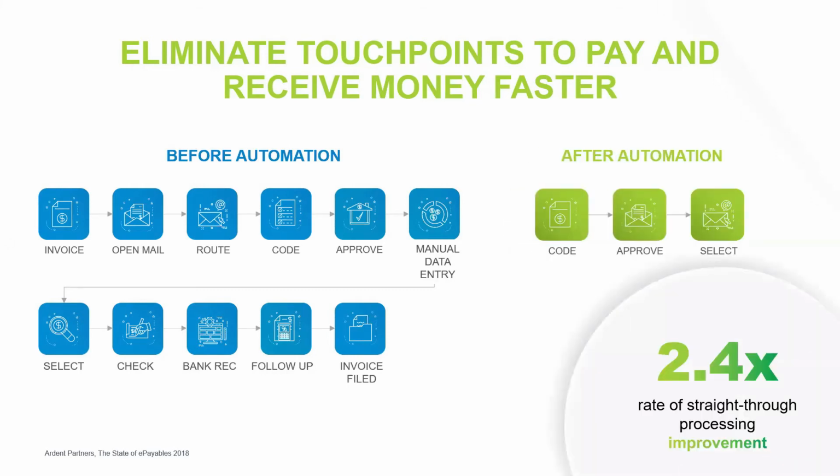With automation, we're simplifying that process down to 3 steps. Really what we consider business operational steps: the coding, approving, and selecting. Selecting is when you actually want to pay it. We've seen certainly a straight-through processing improvement of 2.5 times for companies that have elected to automate the AP process.